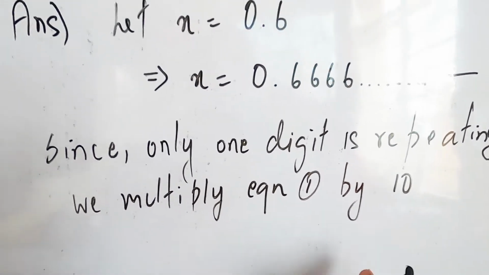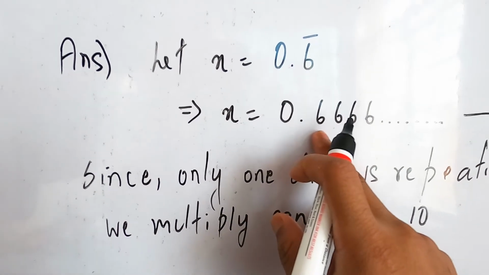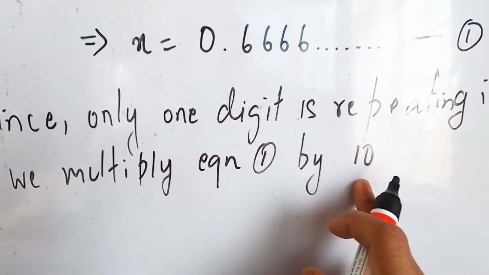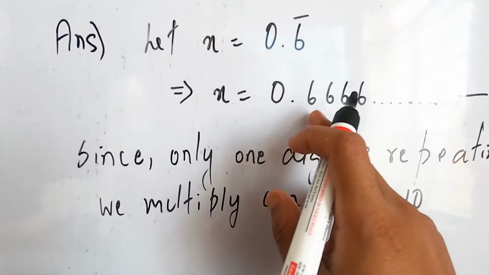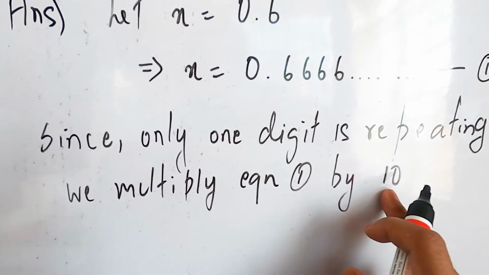Only 6 is repeating, so only one digit is repeating, therefore we multiply by 10. Otherwise, if two digits are repeating, we have to multiply by 100.